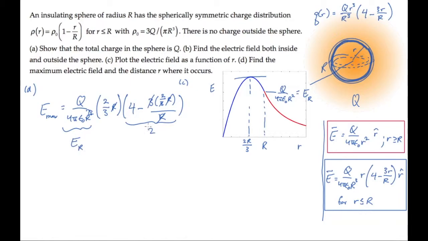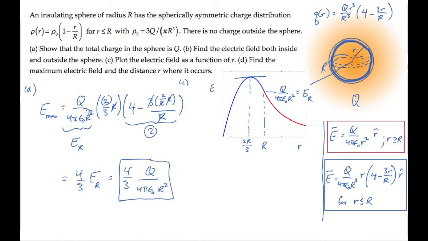And now combining these 2's and this 3, we see that the maximum electric field is 4/3 the value E sub r, 4/3 the value where those two curves meet. Substituting in our expression for E sub r finally gives us this result, the maximum value of the electric field.